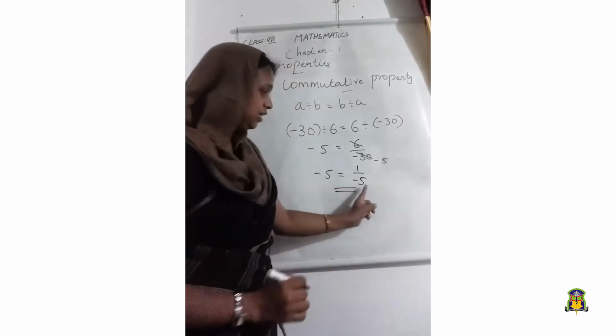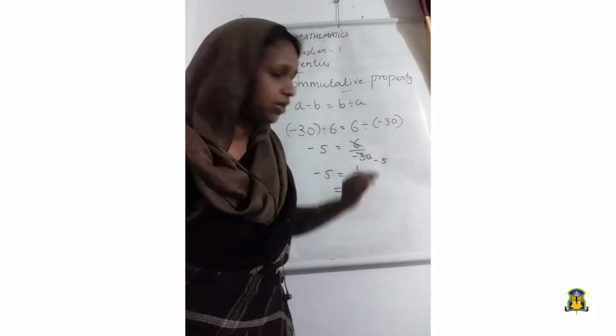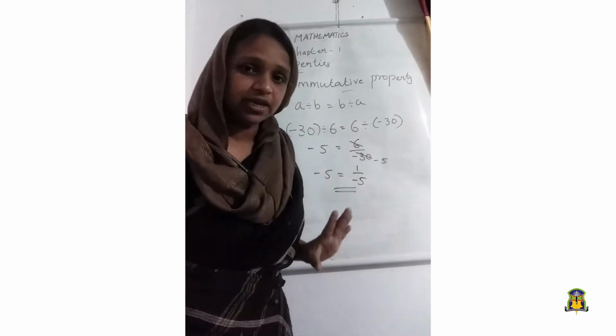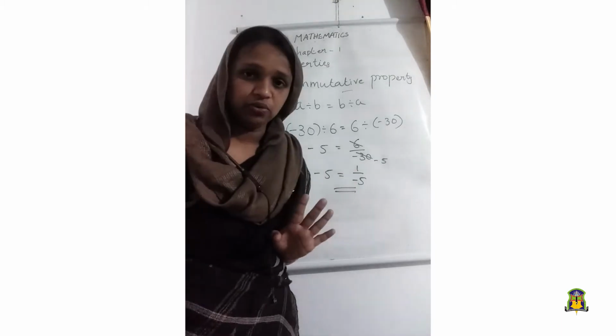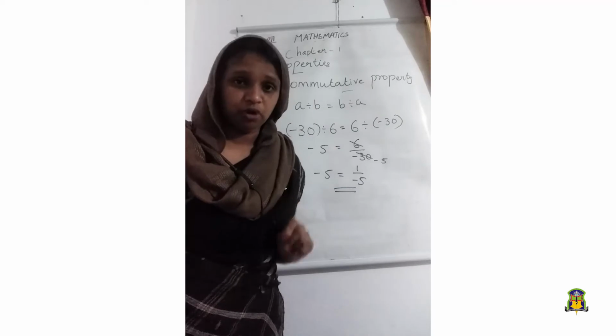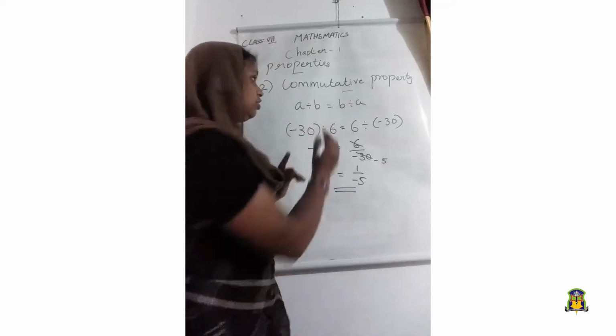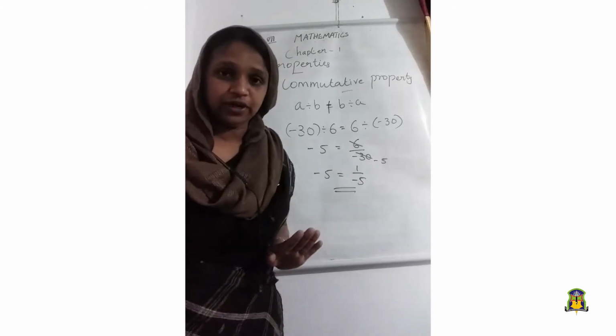So, this is our commutative property: a divided by b is not equal to b divided by a for division, not satisfied. Okay.